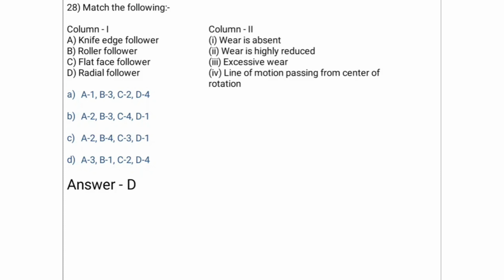Whereas the roller follower has a rolling action, due to which there is lesser friction. So for the roller follower, wear is absent. So for A3 B1, the directly matching option is option D.